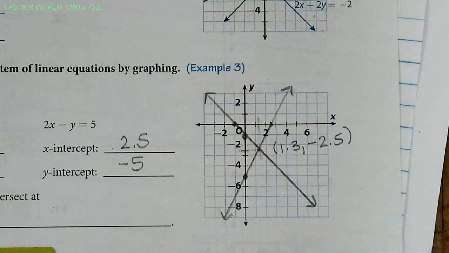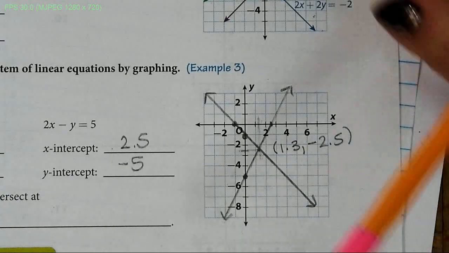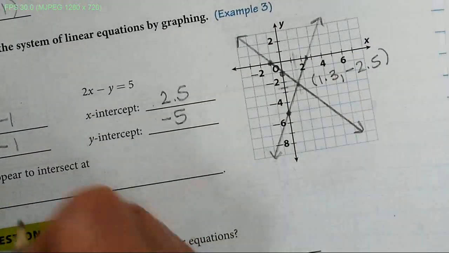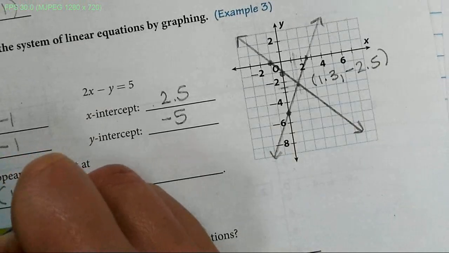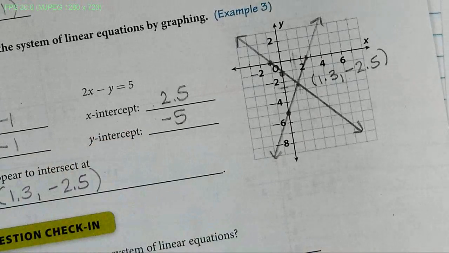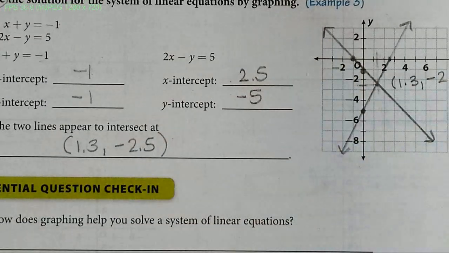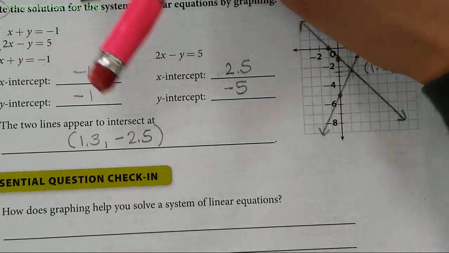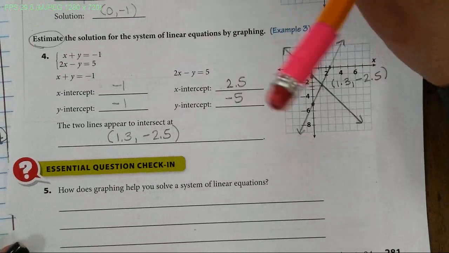You're not looking for anything super exact. Okay, so your two lines appear to intersect at 1.3 and negative 2.5. Okay, so that's my estimate there. Again, you're not looking for anything super exact. You just want to have, you know, like it says, an estimate.